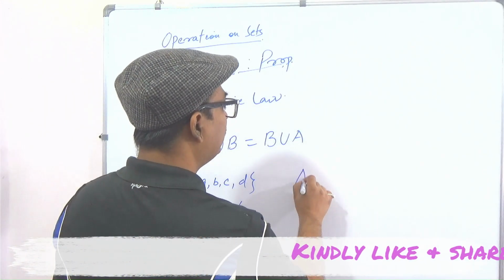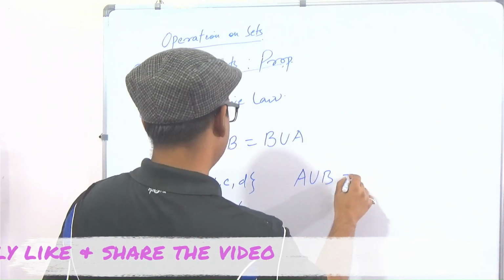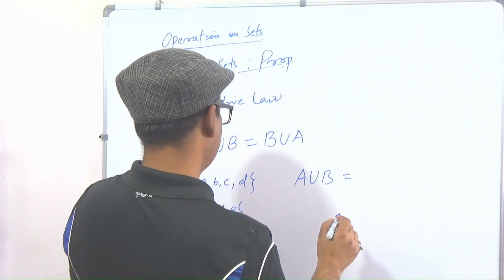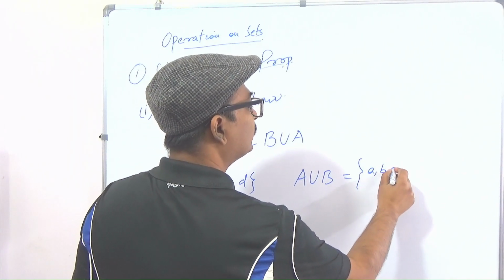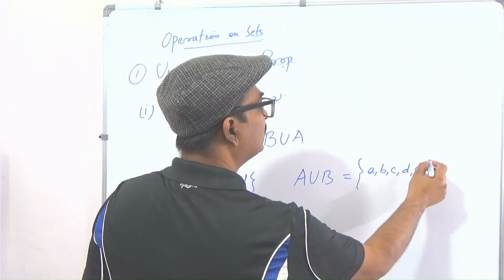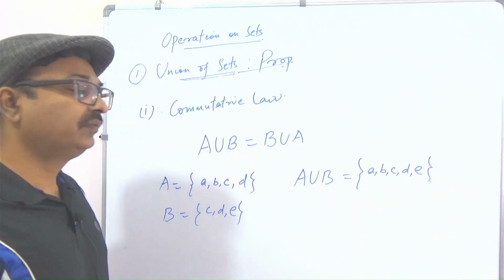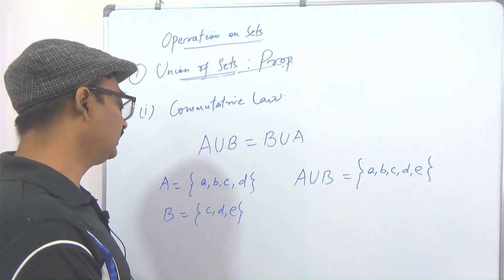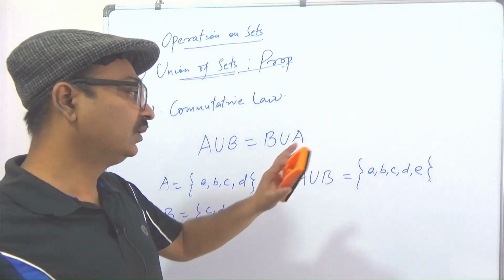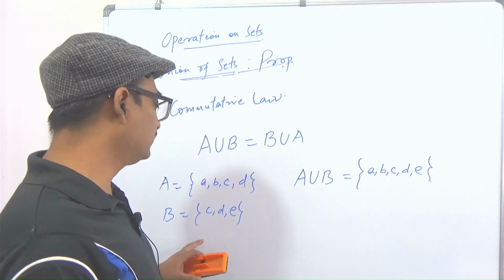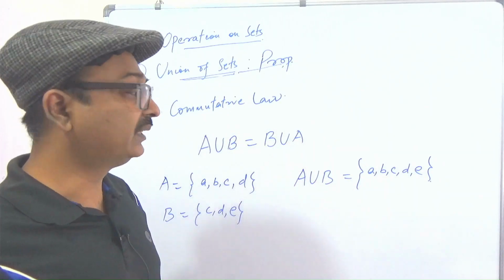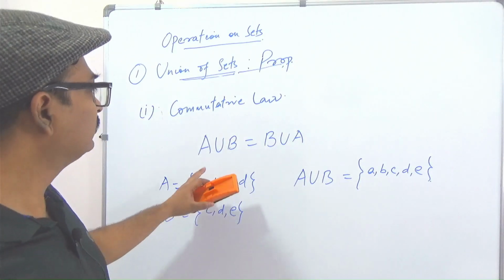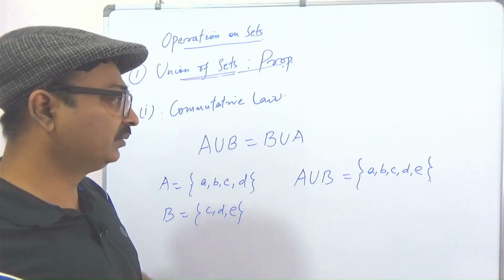Let's see what is A union B. A union B will be {A, B, C, D, E}, because we know that it's not necessary to repeat an element. Whether it is given one time or two times, it's the same. So when we take the union, we do not repeat the elements. So this is A union B.